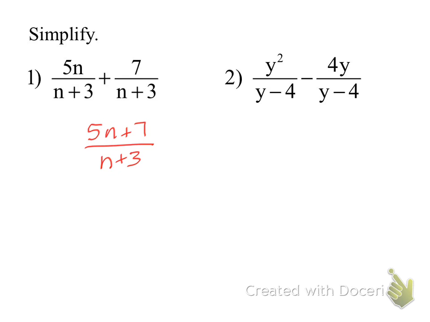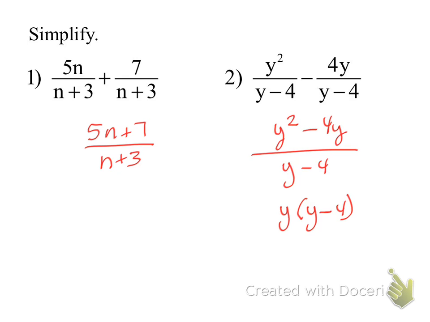Okay, so next one. When we combine our like terms, it's y squared minus 4y over y minus 4. Can we do anything to that numerator, Aishu? y, keep going, times the quantity of y minus 4, all over y minus 4.